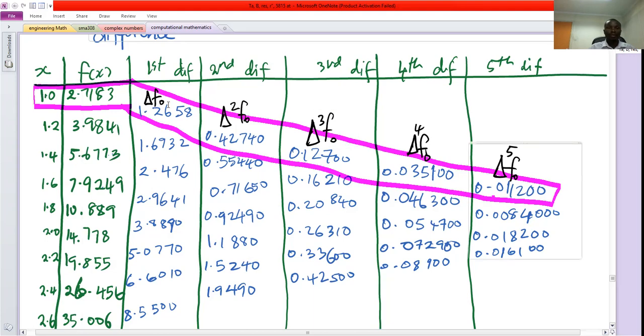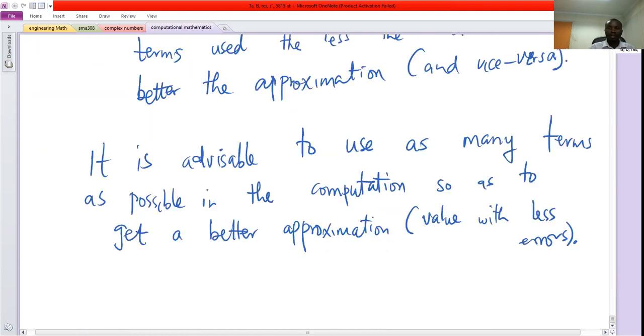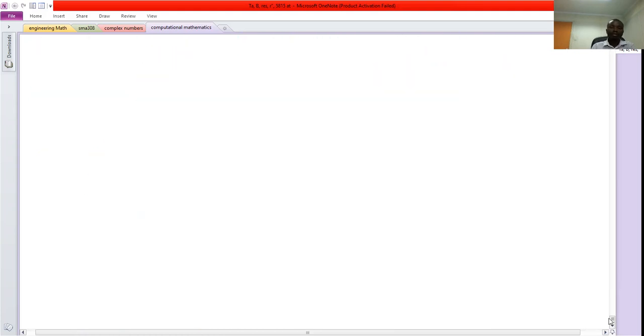So this is the first forward difference of f naught, second forward difference of f naught, third forward difference of f naught, fourth forward difference of f naught, and fifth forward difference of f naught. So therefore now let's go and approximate the value. Solution: let's break that problem into some subparts.